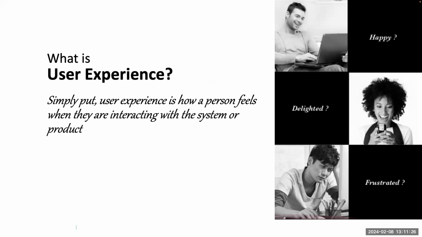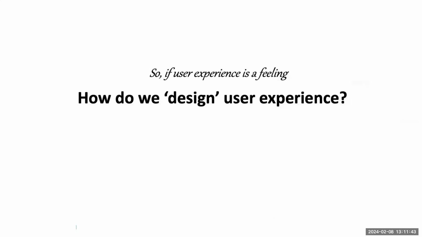Are they happy? Are they feeling delighted? Are they frustrated? So the feelings are a main aspect of user experience design. Now, if we are talking about the feeling here, we don't know how to design for feeling, right? So if the user experience is a feeling, then how do we design the user experience for it?